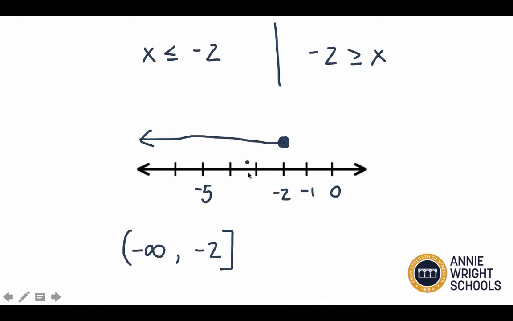Our book will graph this exact same inequality this way. Do you see how that bracket is nice because it kind of shows you what you would use with interval notation.